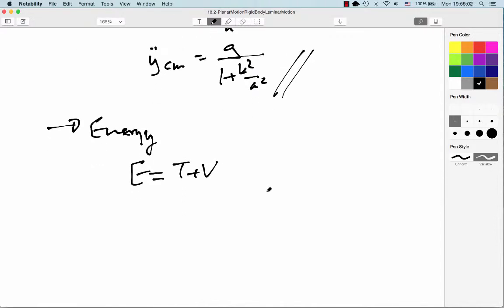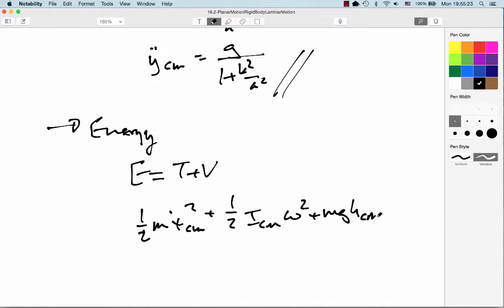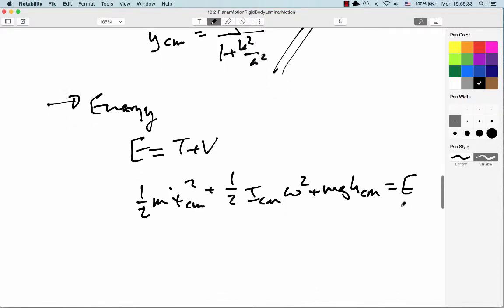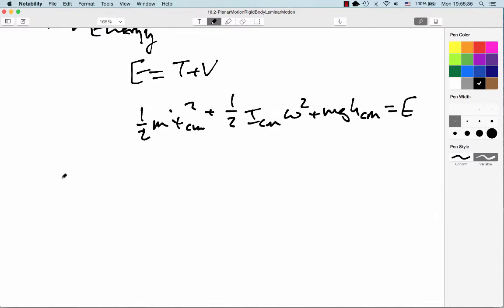And we'll say if we have motion and gravity and none of our other forces do any work, this can become 1/2 m xcm dot squared plus 1/2 ICM omega squared plus, say, mghcm equals E. Now, if there are other conservative forces, obviously we'll have to add other terms. The main thing is we don't want any non-conservative forces in this analysis. So let's redo the yo-yo.